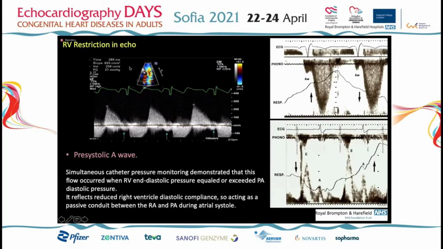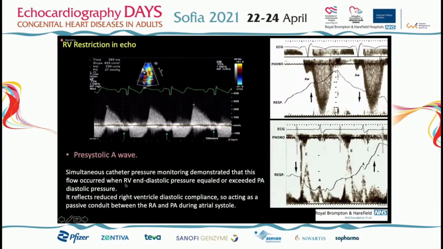This is basically the anterograde forward flow that we can see just before the QRS and before the systole of the ventricle. It has been confirmed that this presystolic A wave corresponds to the right ventricular diastolic pressure equalizing or exceeding the PA diastolic pressure.